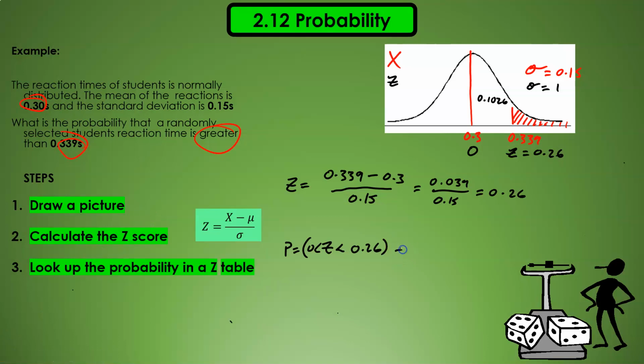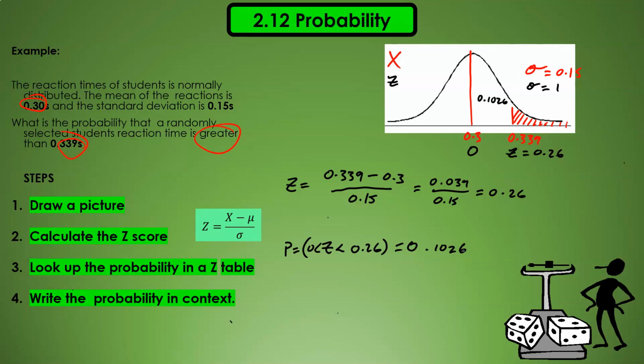So what we've found from the table is that the probability that our z values are between 0 and 0.26 is about 10%.